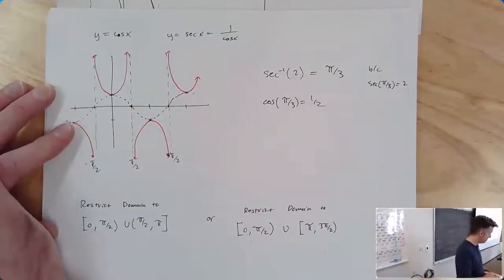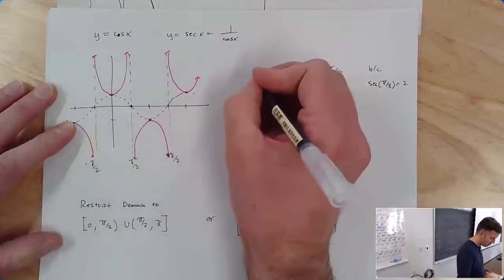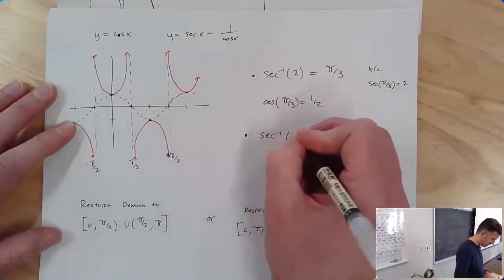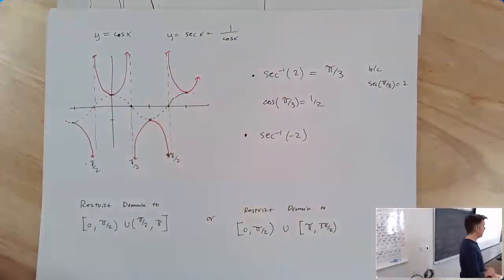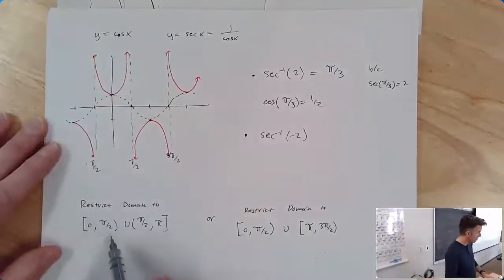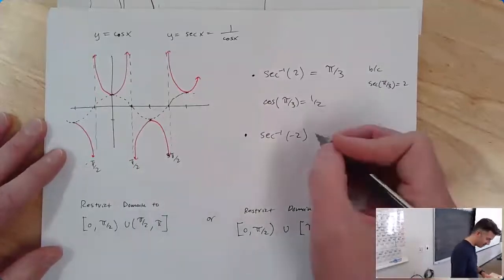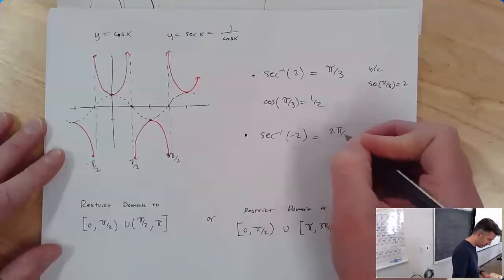But here's the bummer. If someone said, hey, find inverse secant of -2, I would have to ask you, well, how have you defined inverse secant? Because it depends on how you have told me you have defined it. If you've defined it this way, great, then my answer is going to be an angle in the second quadrant. My answer is going to be 2 pi over 3.